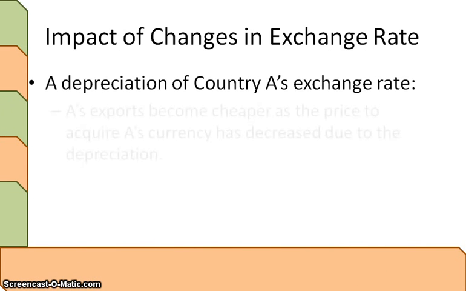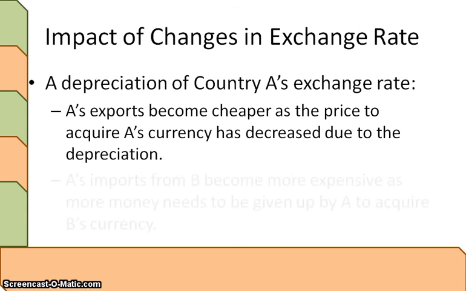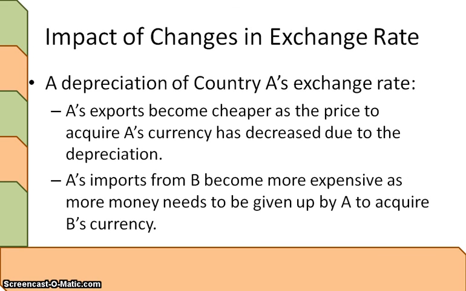And a depreciation of country A's exchange rate would mean that the exports of country A become cheaper because the price to acquire A's currency has now decreased due to the depreciation. So when there's a depreciation, it means it's cheaper to get country A's currency. And if it's cheaper to get country A's currency, it means it's now cheaper to get the exports from country A. This now may lead to increased competitiveness.